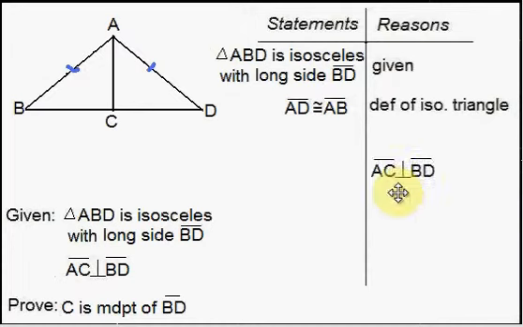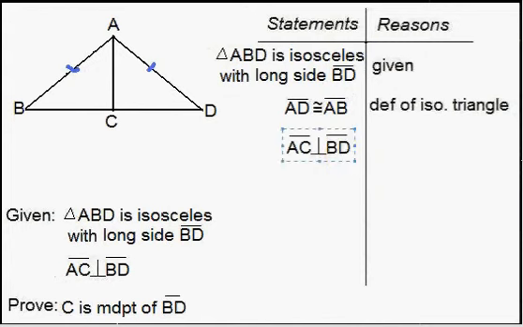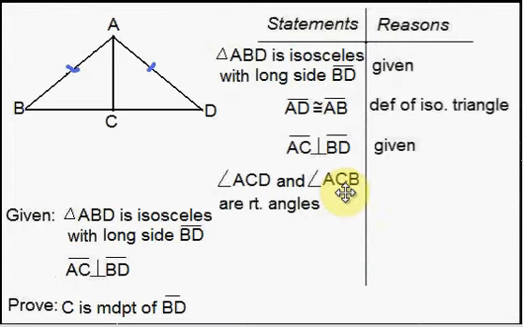Okay, and the next given is AC is perpendicular to BD. Okay, and then we can say that those angles, angle ACD and ACB, are right angles because perpendicular lines form right angles.